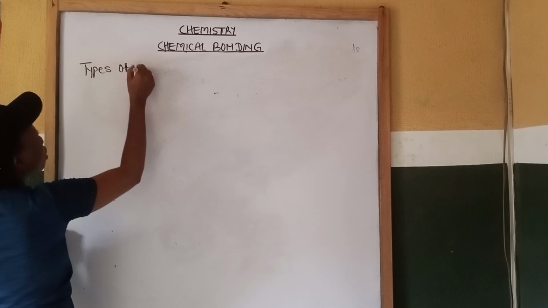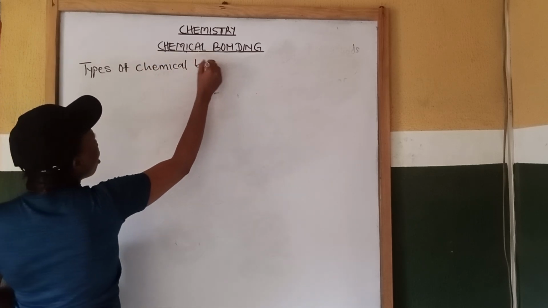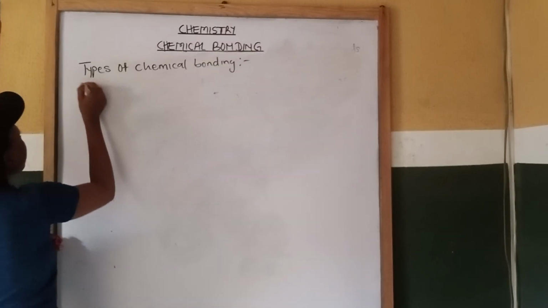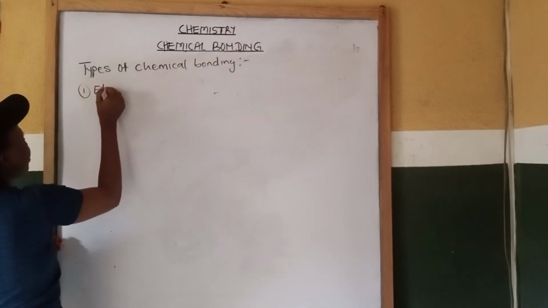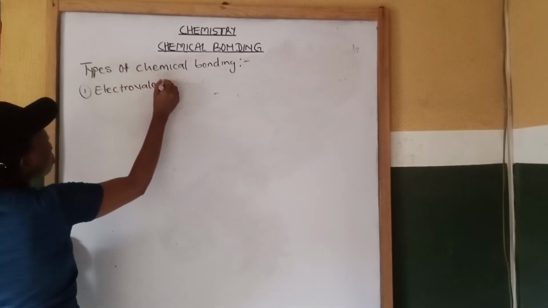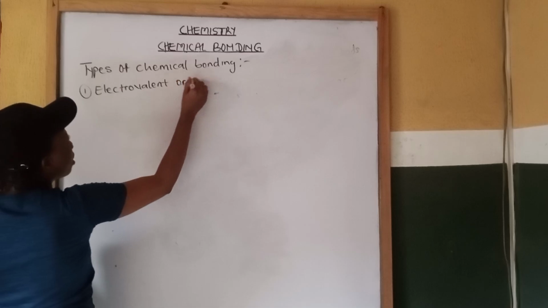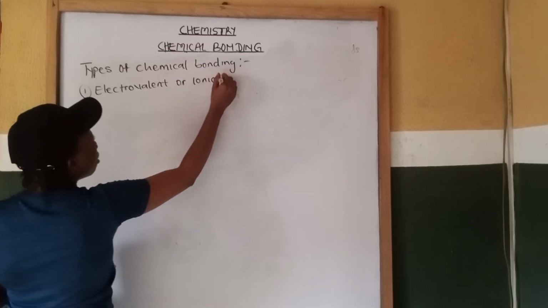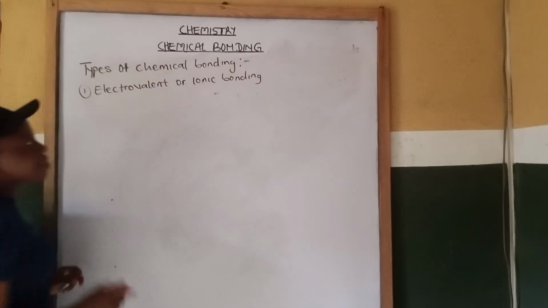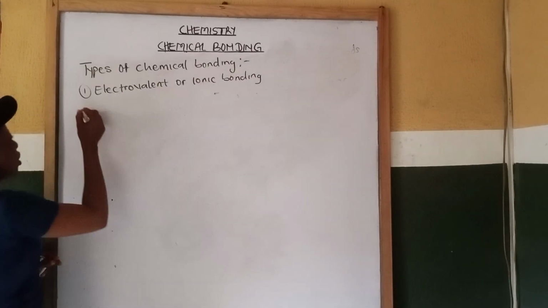Number one is electrovalent or ionic bonding.